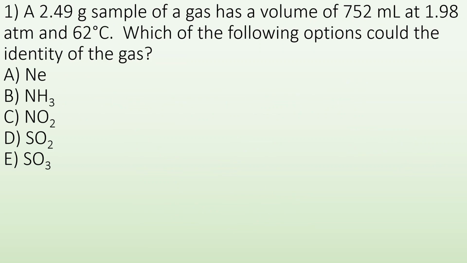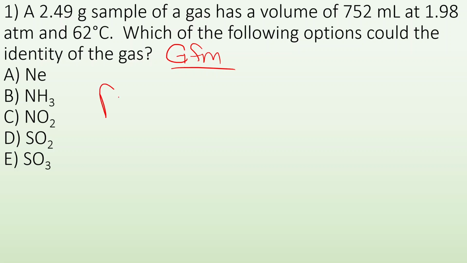If we take a look at number one, it says a 2.49 gram sample of a gas has a volume of 752 milliliters at 1.98 atmospheres and 62 Celsius. Which of the following options could be the identity of the gas? The real question we have to solve first is, what is the gram formula mass of this gas?